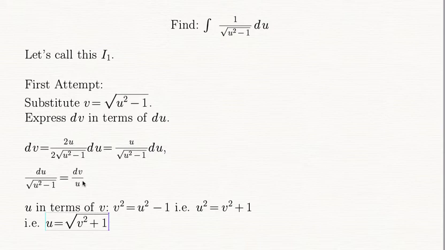And now what we have, dv by u, is nothing but dv by this expression now, square root v squared plus 1.